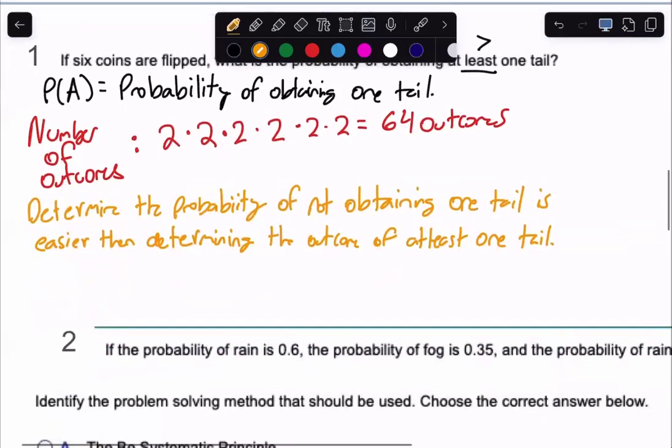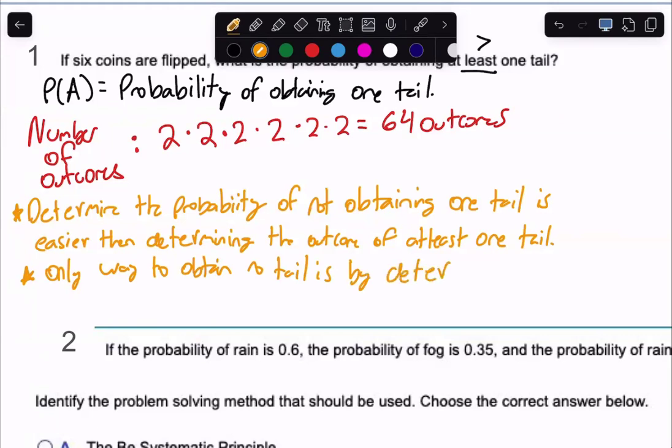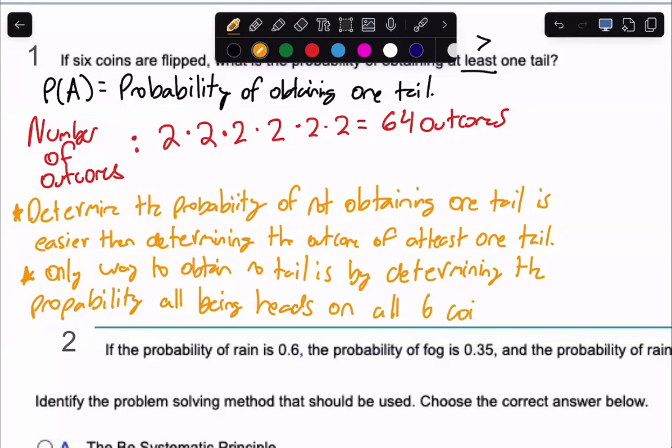So the only way to obtain no tail is by determining the probability of all the outcomes being heads on all 6 coins.